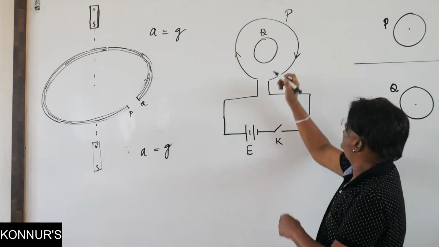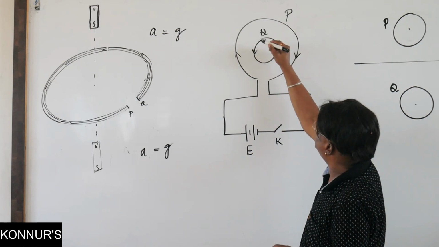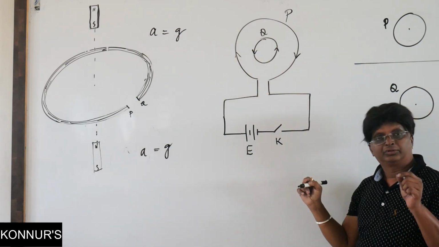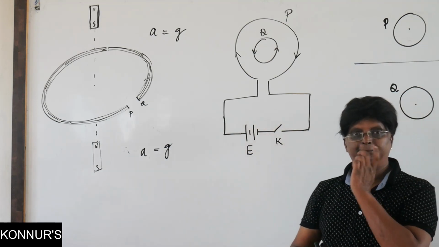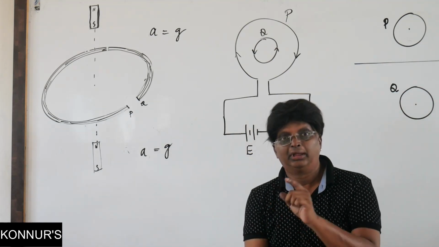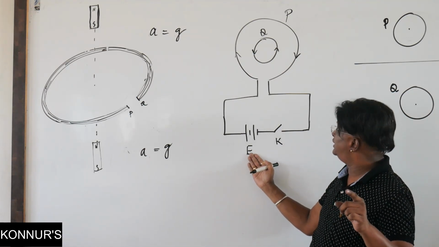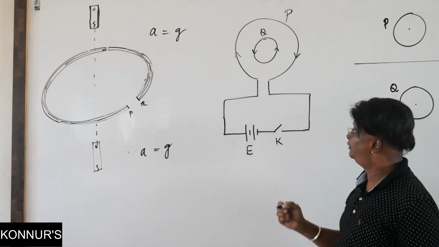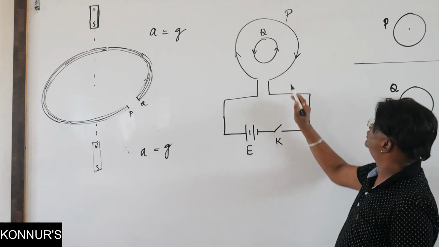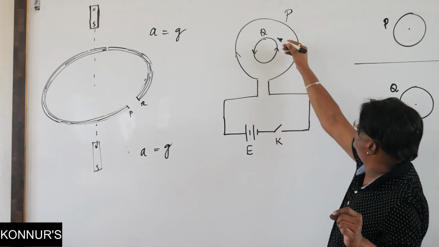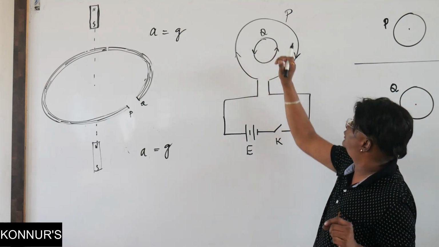Therefore it should be an anti-clockwise current that is induced in Q when the key is closed suddenly, all of a sudden. Got it? Remember here the source is a steady EMF, steady current I am talking about. Therefore when the key is closed, Q will be induced with the anti-clockwise current.